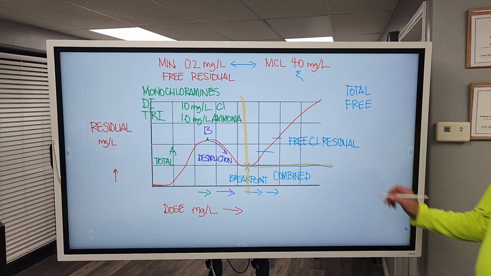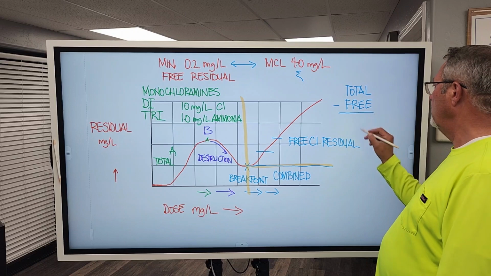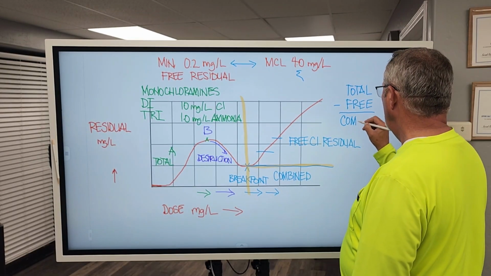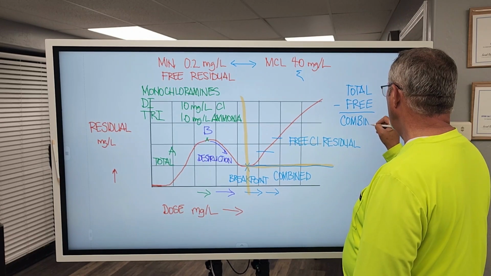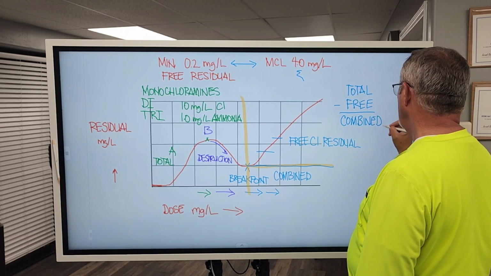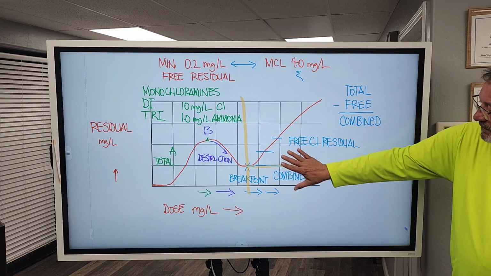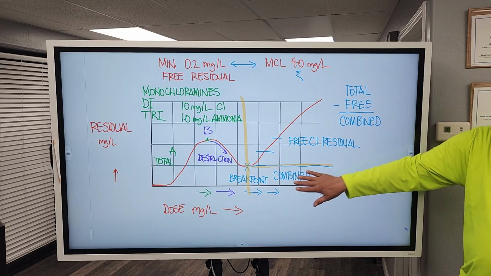Once we've done that, we're going to subtract free from the total, and that's going to give us the combined residual. So now we know how much is free and what is combined.